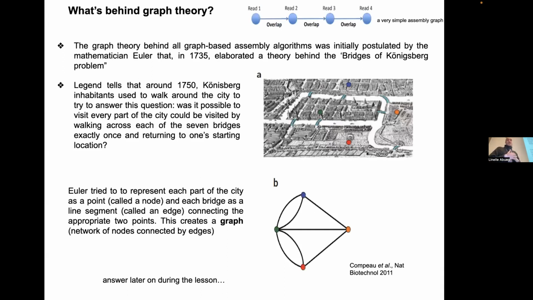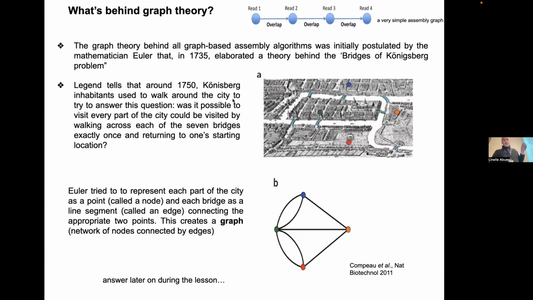There is this famous example from the mathematician Euler, from the 18th century. Apparently he was looking at the problem of the bridges of Königsberg.